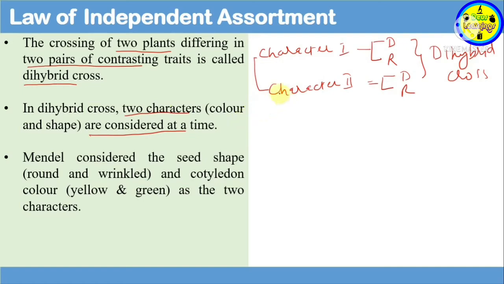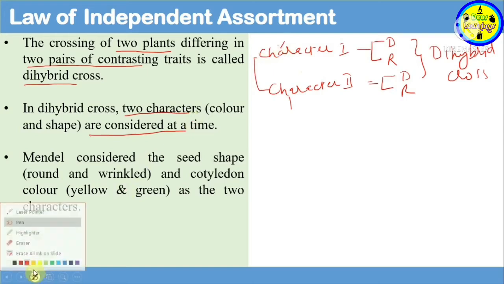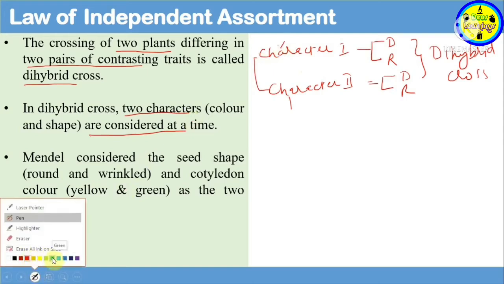In the book, the example is about the color and shape of the seed. The book explains the color of the seed and shape of the seed.